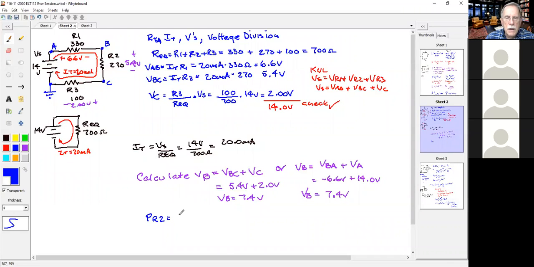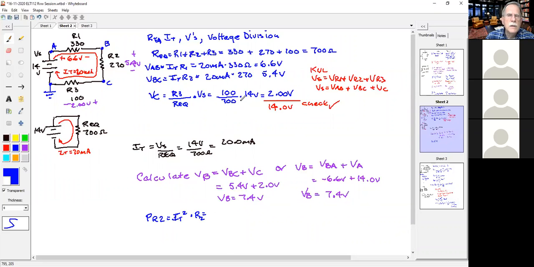So it really doesn't matter. V squared over R involves 2 steps of calculations, so I'll probably just stick with IT squared times R2.